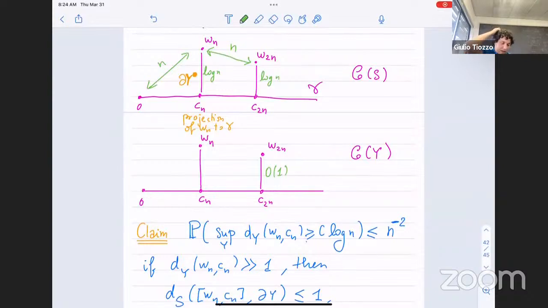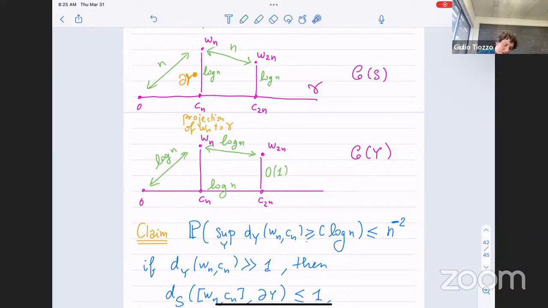And so what is the other thing that we knew? Well, we know that because we proved just before that the progress you can make from 0 to Wn is at most log n, and also from Wn to 2n is the same, so it's also at most log n. And when you project, this is a hyperbolic graph, so the closest point projection is coarsely distance non-increasing, and so the distance between the two projections is also roughly log n.